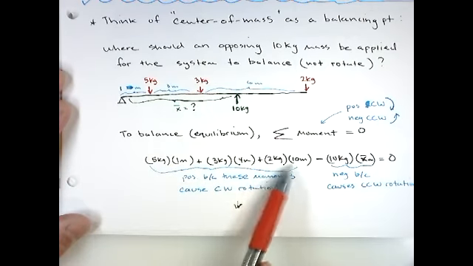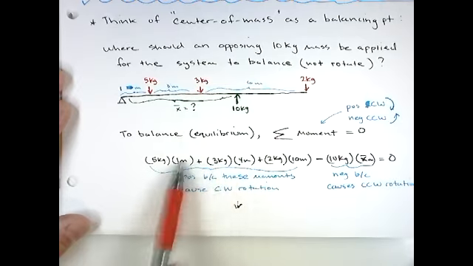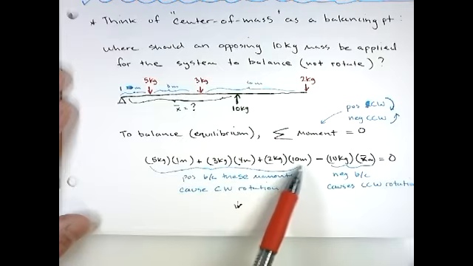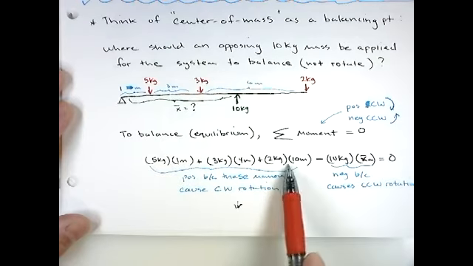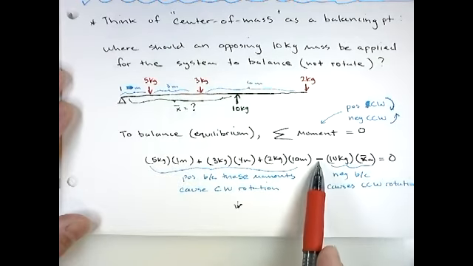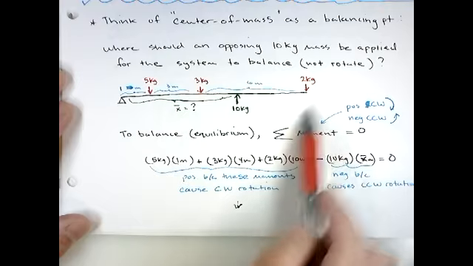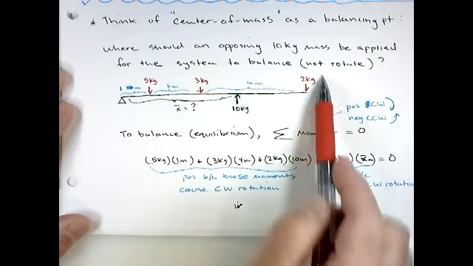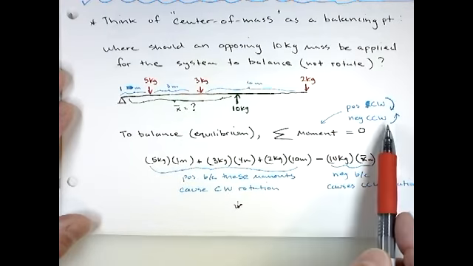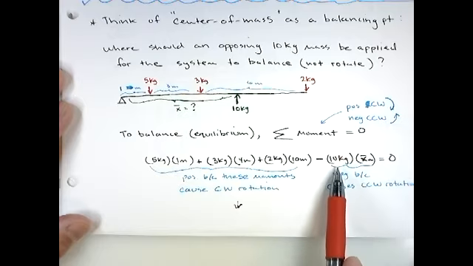Notice, by the way, that this is producing 20 kilogram meters of moment, which is more than either of these two. Even though that was the smallest mass, because it's applied at the furthest distance, it's actually creating more moment than the other two. Now, any masses applied that cause the system to rotate counterclockwise, we'll treat as a negative moment.